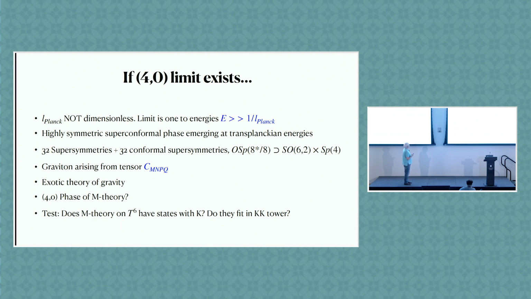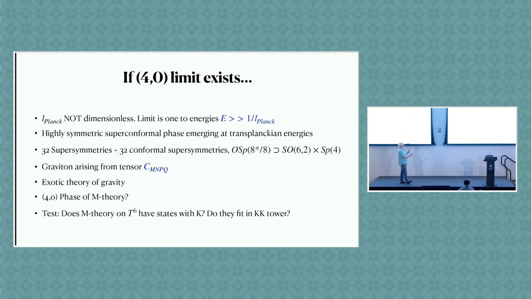First of all, when we're talking about the strong coupling limit of the 5-dimensional supergravity theory, strictly speaking, because this is a dimensional parameter, what we're really talking about is going to energies which are much larger than the Planck scale. So the limit is really one of going to trans-Planckian energies.